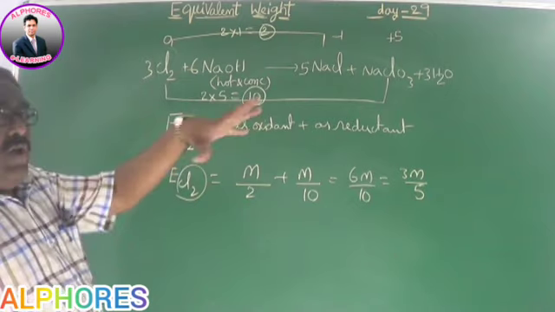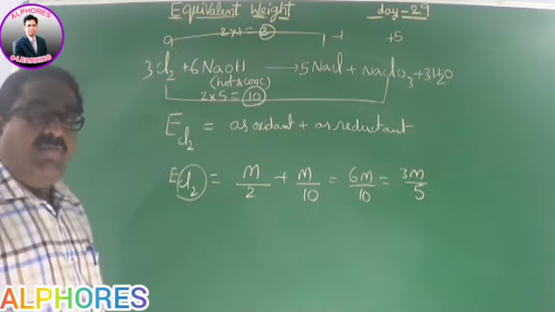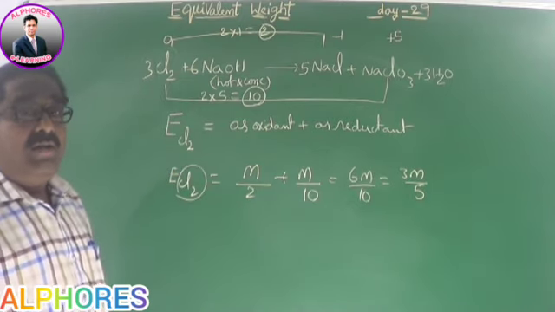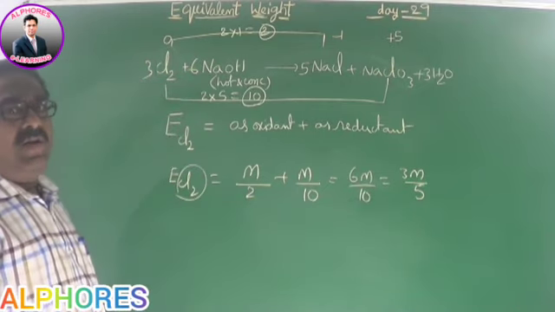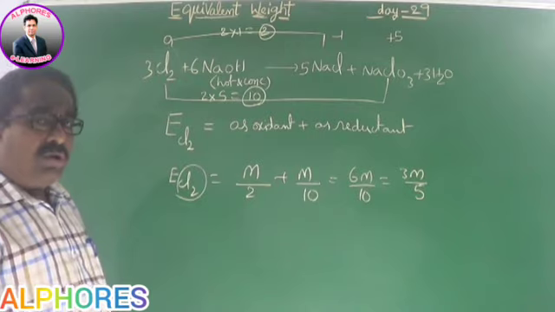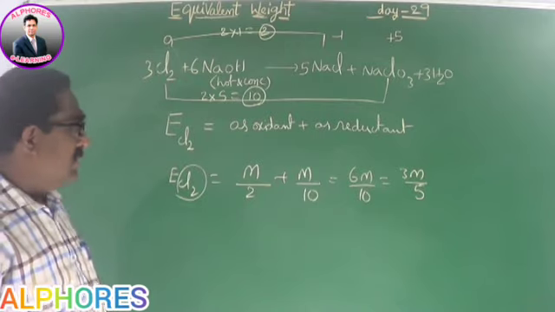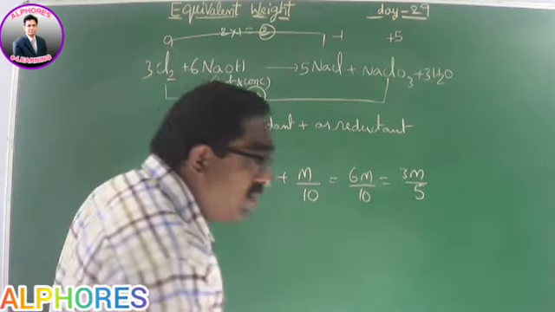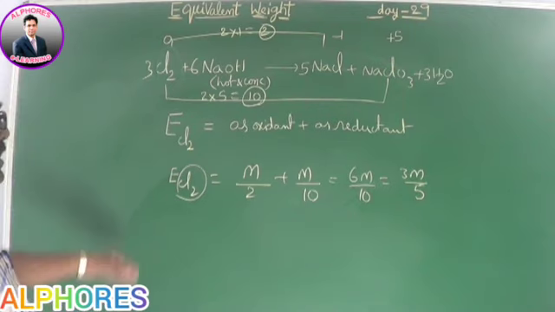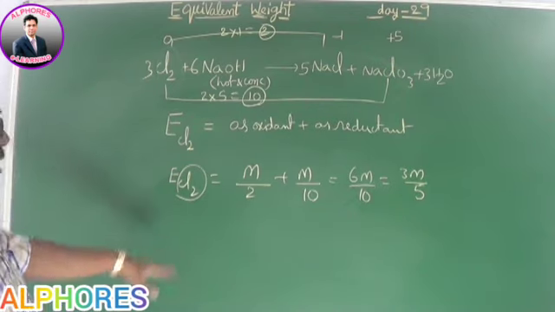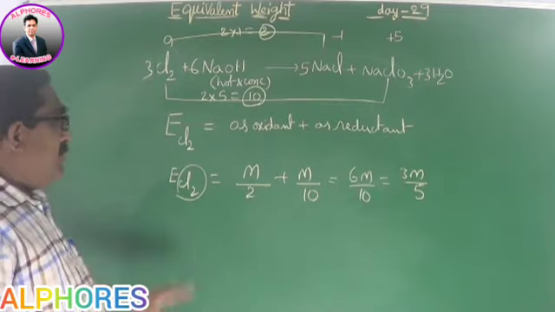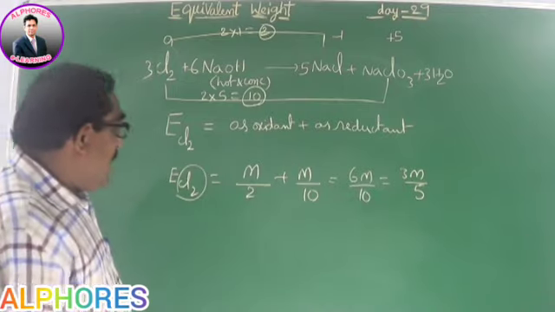This is how to estimate the equivalent mass of an element which is undergoing a disproportionation reaction, that is both oxidation as well as reduction. The total change we should consider. This is one formula approach to calculate the equivalent mass of chlorine.